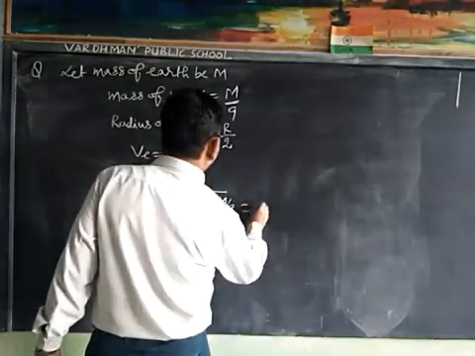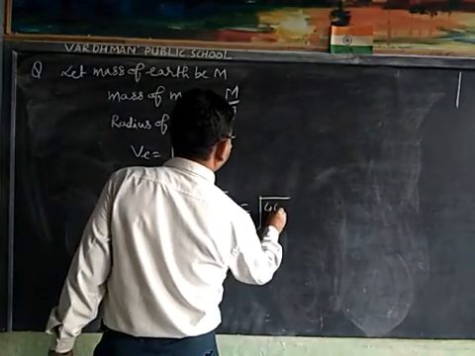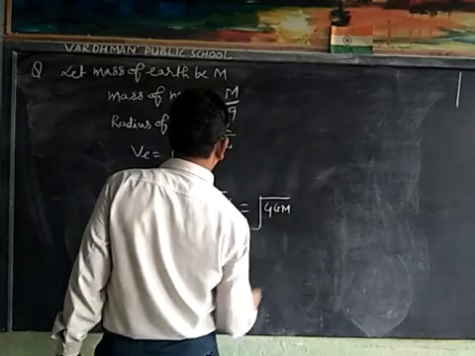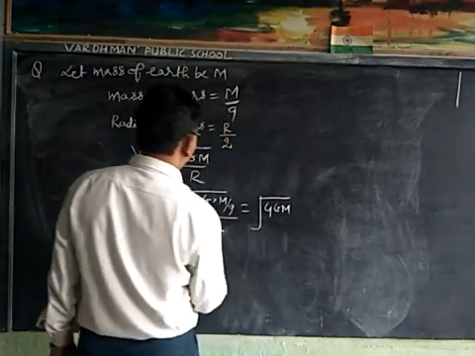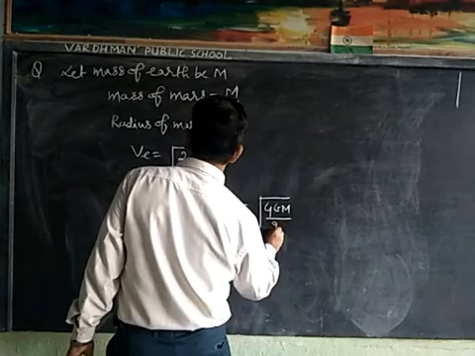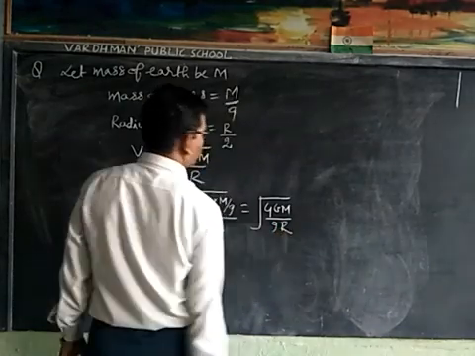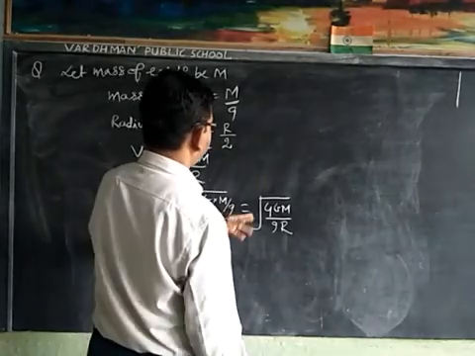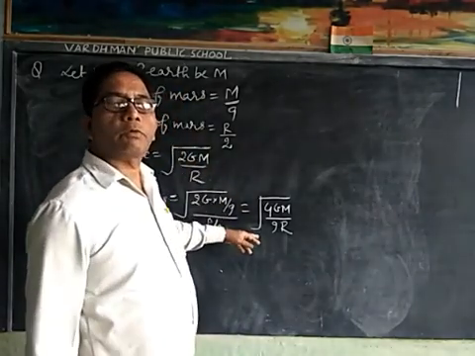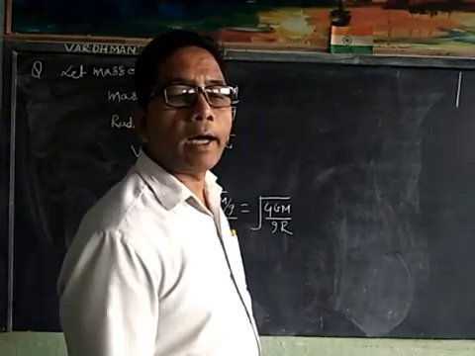This is equal to under root 4GM upon 9R.